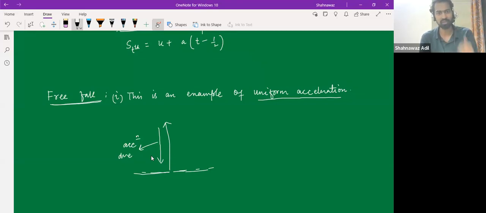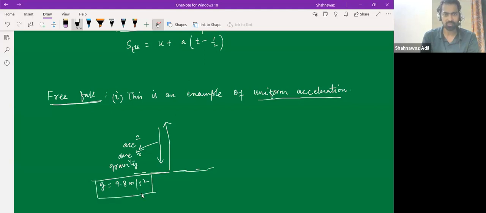Always it acts towards the Earth because gravity is an attractive force, so it always attracts other masses or objects. Acceleration due to gravity is represented by g, and its value is 9.8 meters per second squared.